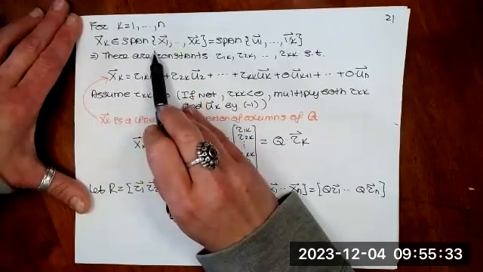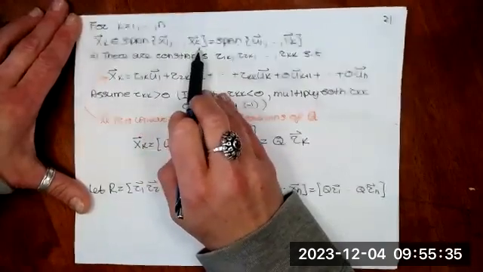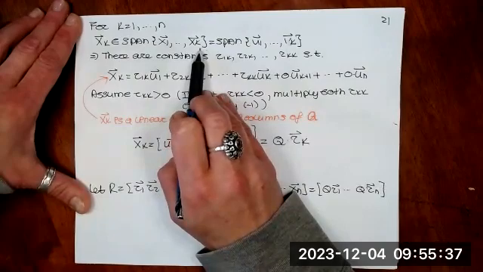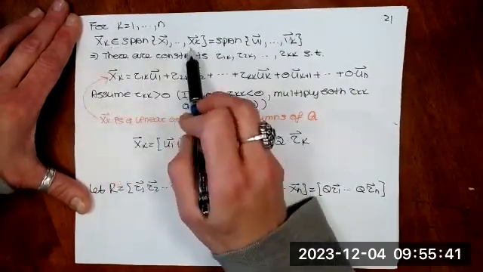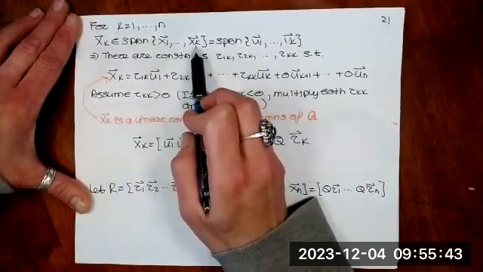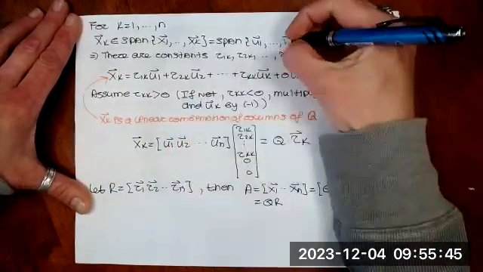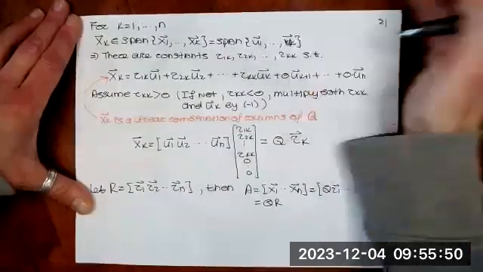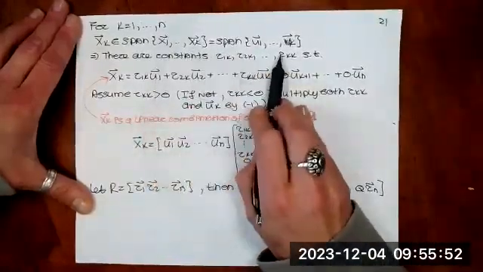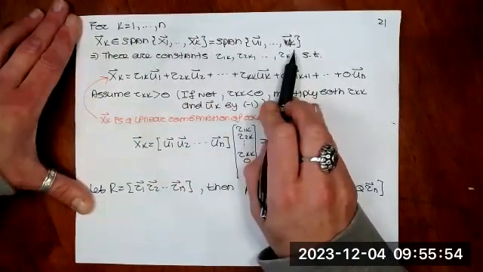If I'm looking at the span of those vectors x1 through xk, my kth column of A is going to belong to that span, because it's right here. And if we're using Gram-Schmidt, I also know that for any k, the span of those vectors will be equal to the span of my new orthonormal vectors.